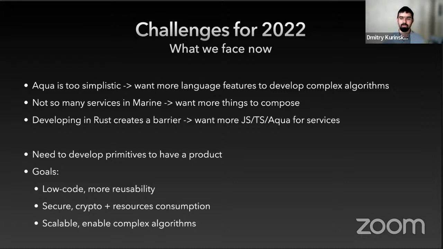Second, the security system is not feature complete currently. We need to provide some cryptography and resource consumption management and such stuff. And finally, we want to enable the community to make scalable Web3 native components and protocols. And to do so, we need to enable more complex algorithms, distributed algorithms.